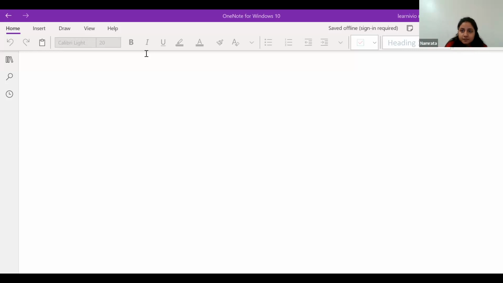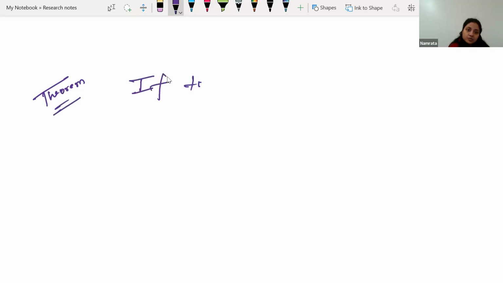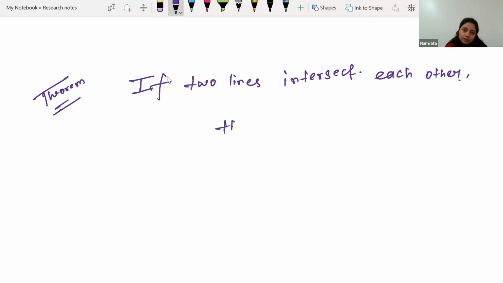Okay, let's do one by one. So the first theorem is: if two lines intersect each other, then the vertically opposite angles are equal.